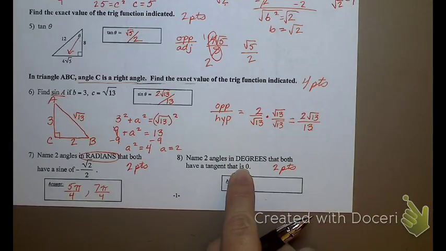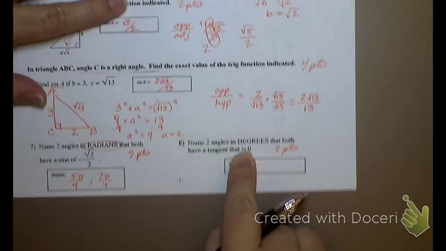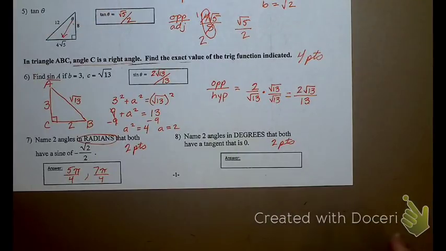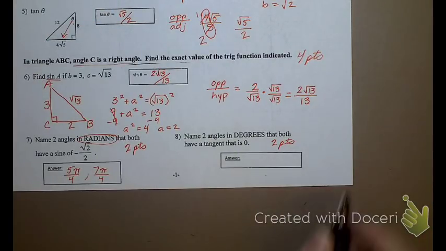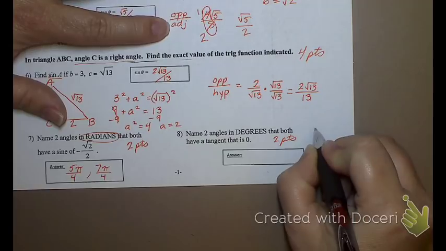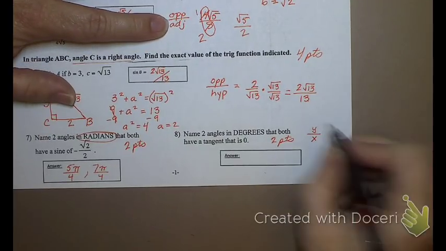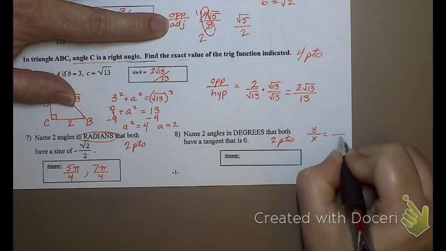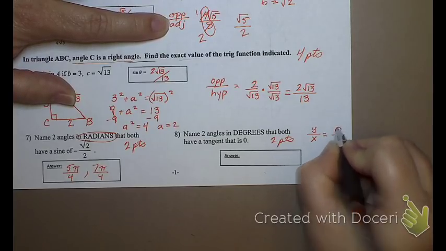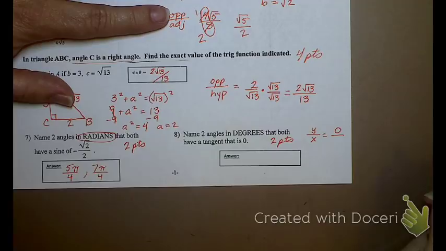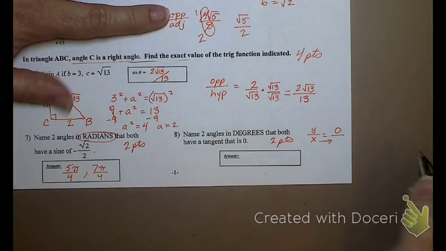All right, name 2 angles in degrees that both have a tangent that is 0. How do you get a tangent that is 0? Well, tangent is y over x, or sine over cosine. The only way that this fraction can be 0 is if y itself is 0. Doesn't matter what x is for the time being.